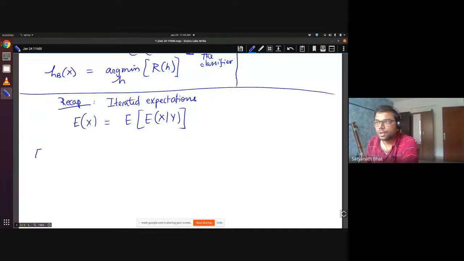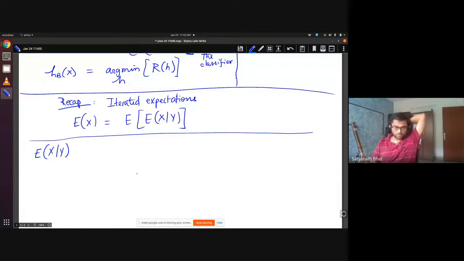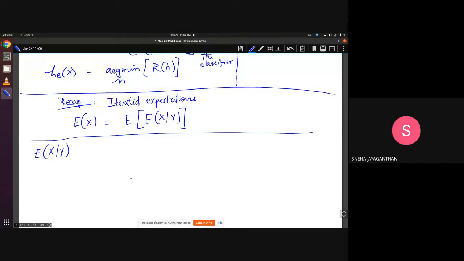What is the meaning of expected value of X given Y? Maybe one of the electrical students can explain this. What does this mean if I say this? It is the expected value of X when conditioned on Y as a random variable.